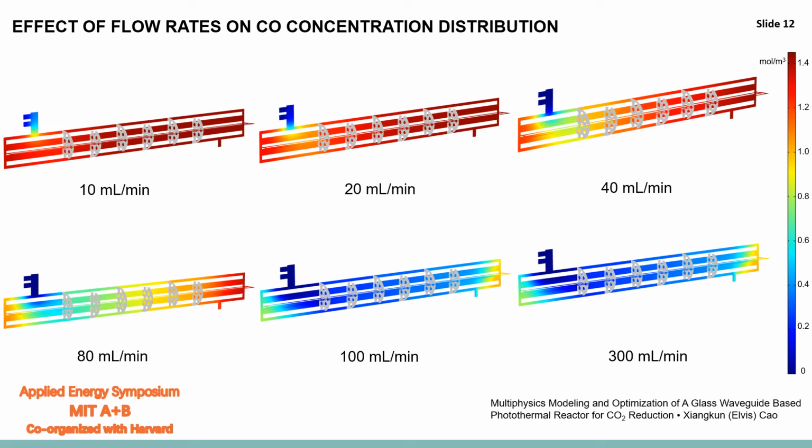As you can see from this slide, as the flow rate increases from 10 to 20 to 40 and then to 300 milliliters per minute, the concentration of carbon monoxide at the outlet decreases if you compare the same scale bar. That is also expected because there's not enough catalyst in this setting.